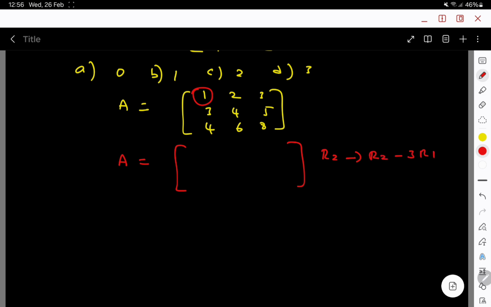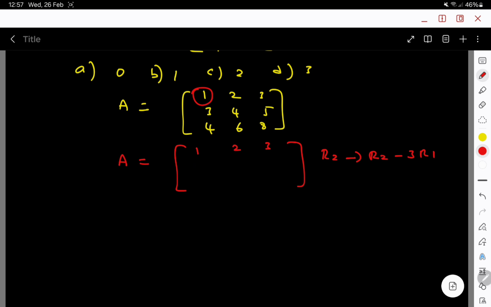Multiply 1 by 3 and subtract from the second row, then it automatically becomes 0. There is no change in the first row, only the second and third rows change.